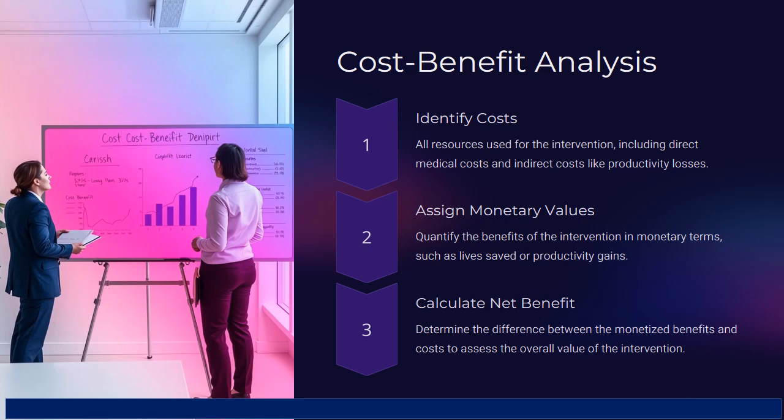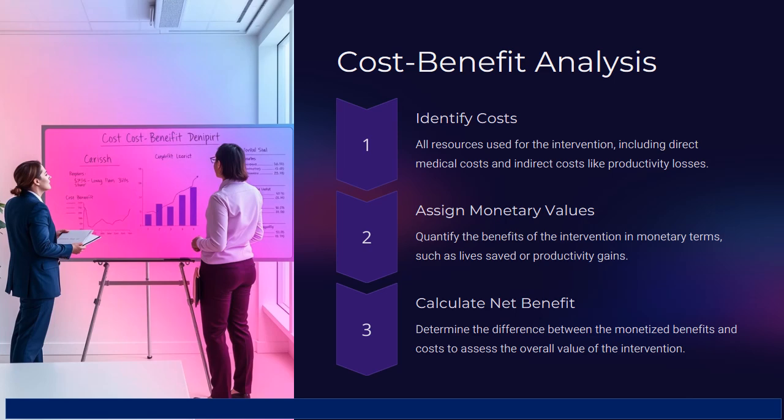The first one is identifying cost. Under this, all resources used for the intervention, including direct medical costs and indirect costs like productivity losses, must be identified.